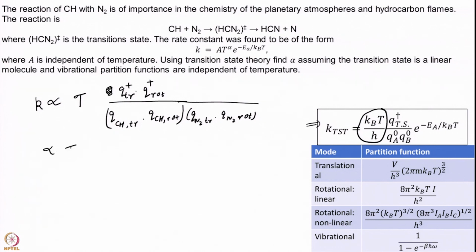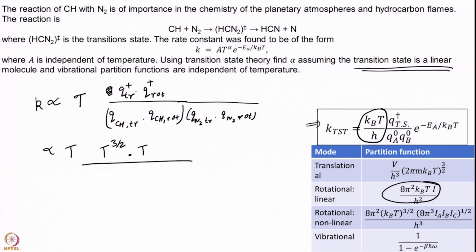So, this is proportional to temperature, and again I am not going to look at any factor other than temperature. The translational part is dependent on T to the power of 3/2. For the rotational part, we are assuming the transition state to be linear. For linear I use this formula, so I get T divided by CH translational. Well, all translationals are T to the 3/2.